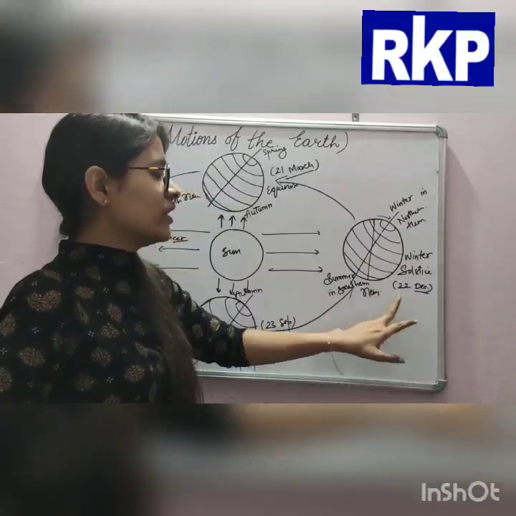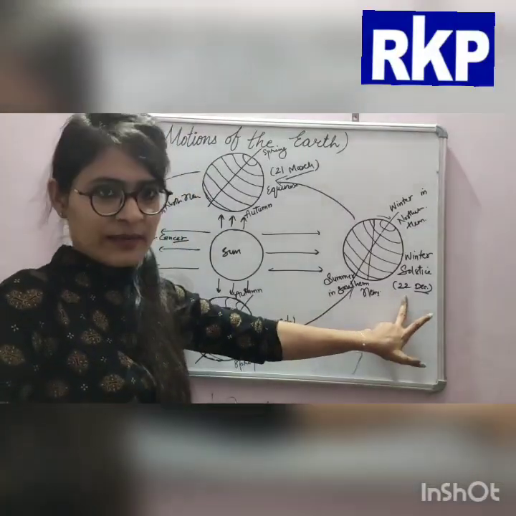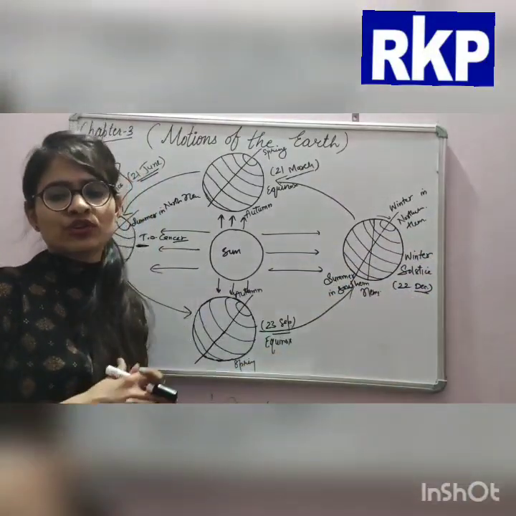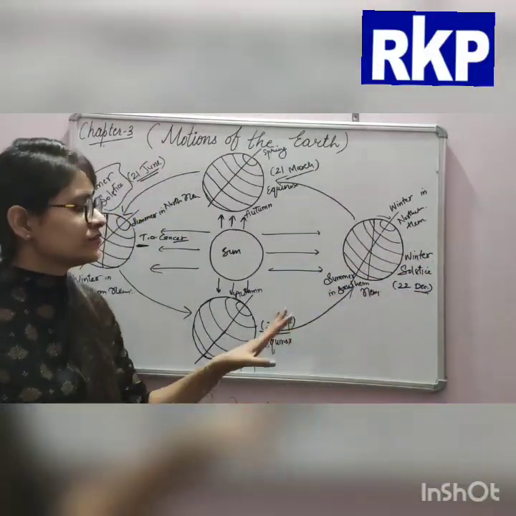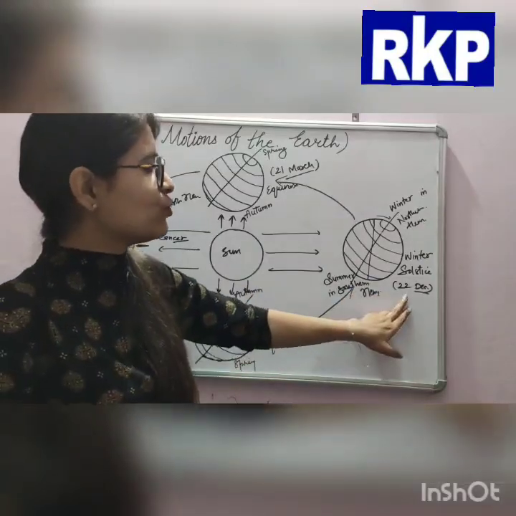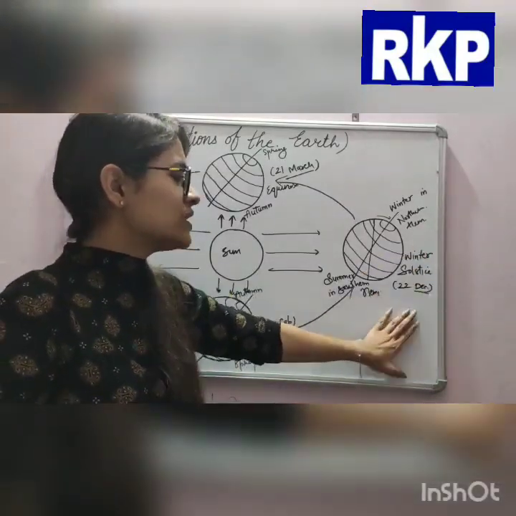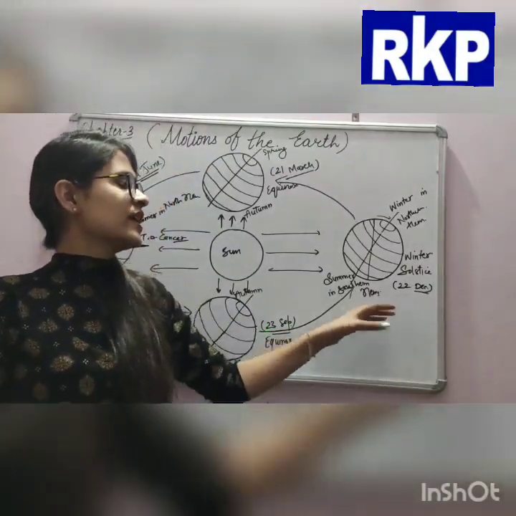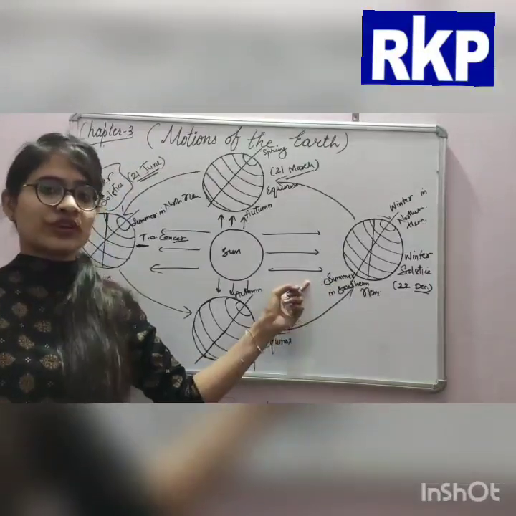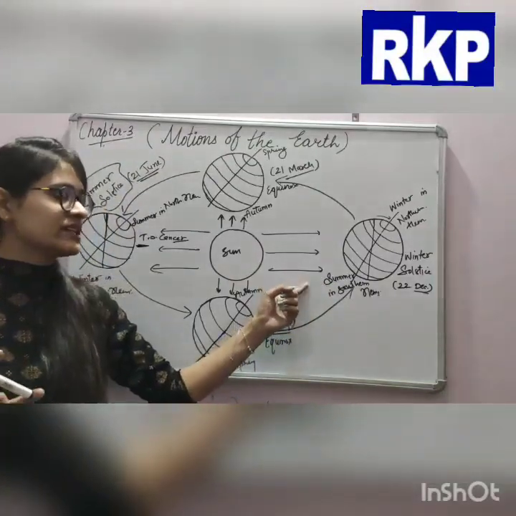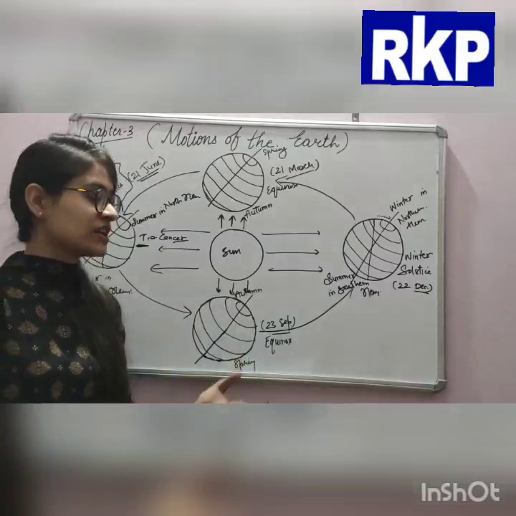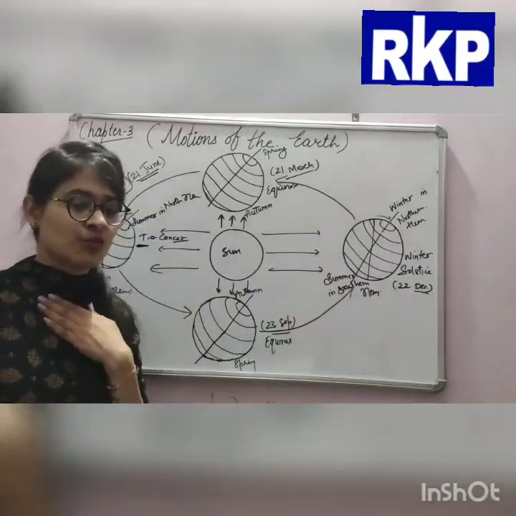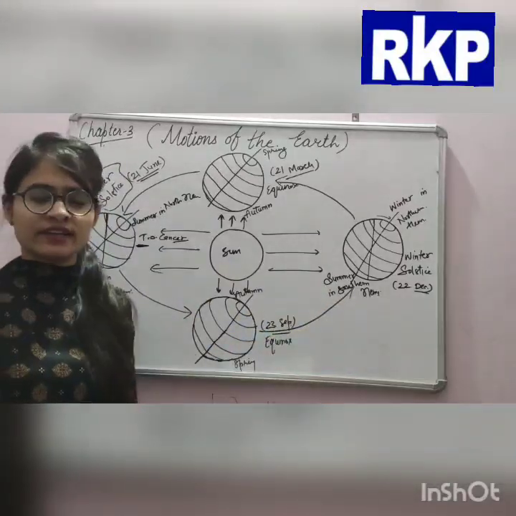And on 22 December, in the northern hemisphere, this is the shortest day. In the southern hemisphere, 22 December is the longest day, because there it is summer, while we are experiencing winter in that month.